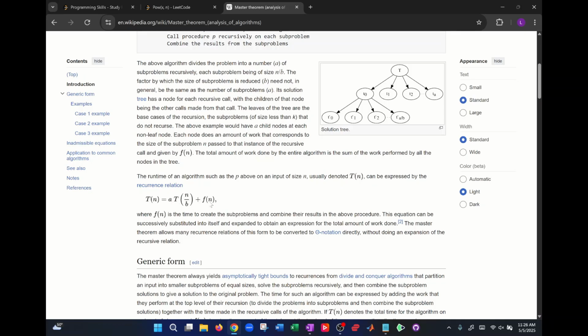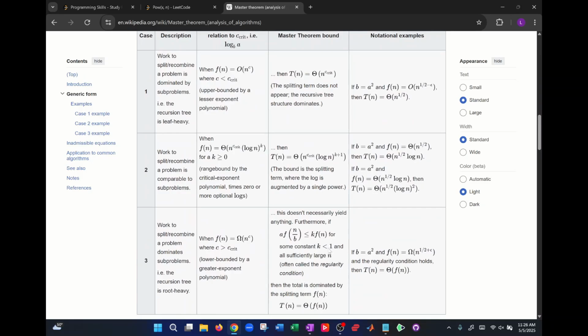And then we add some additional term here for anything else that needs to be done.